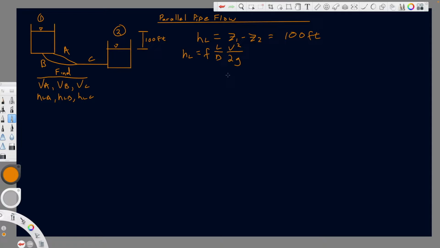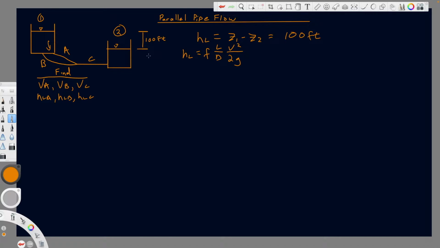It turns out that this is in steady state flow, or at equilibrium, which is how you're always going to be solving one of these problems. So at equilibrium, if the head loss in pipe A drops, then obviously more flow is going to go through pipe A relative to pipe B, because it's less resistant.